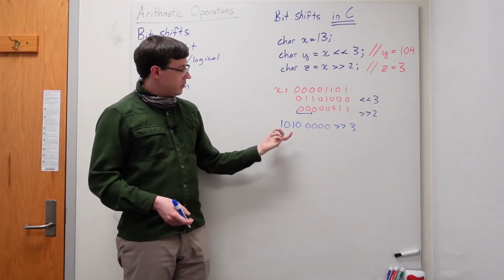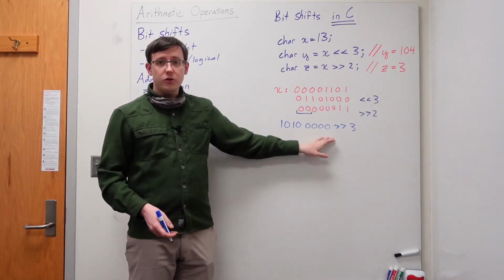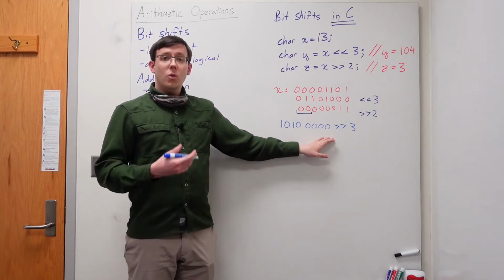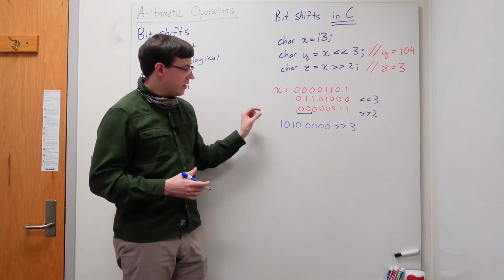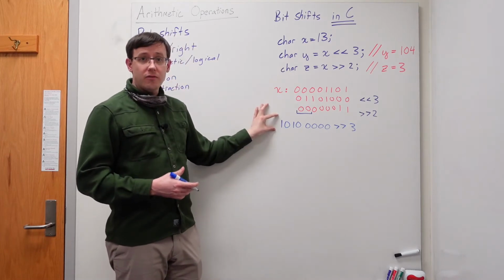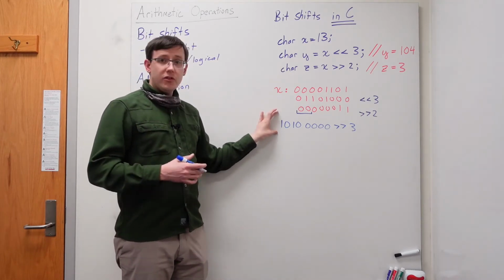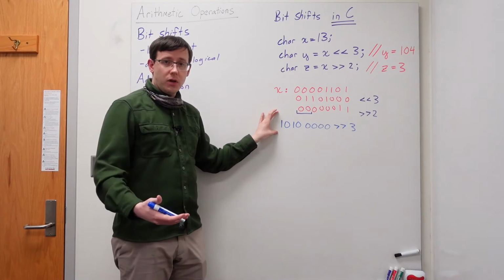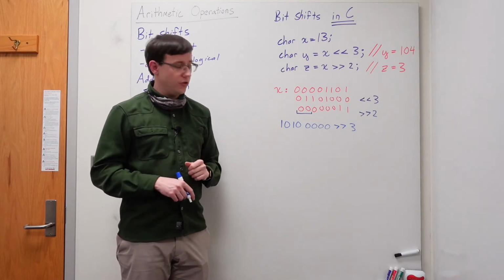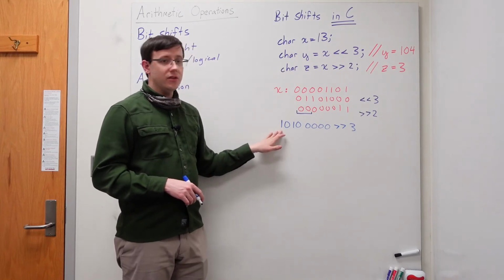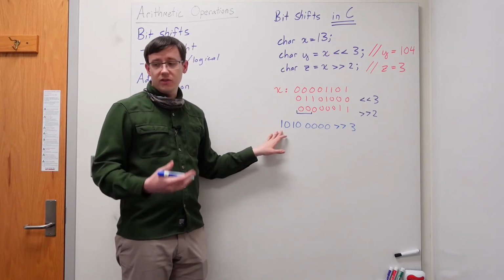So what is this number divided by 2 to the third? Well, that has a different answer depending on the data type of this 8-bit value. If this was a char variable, then a char is an 8-bit 2's complement integer, and so this is the value -96.